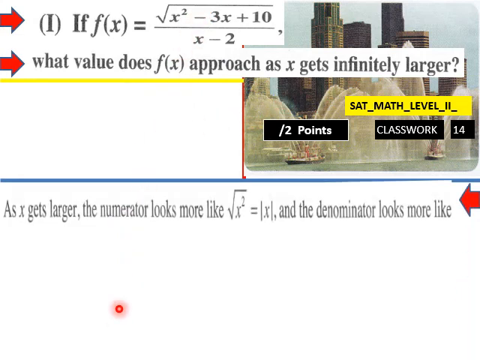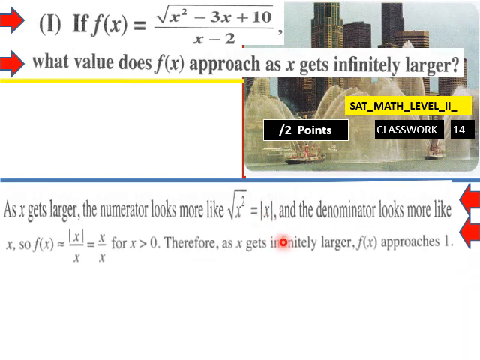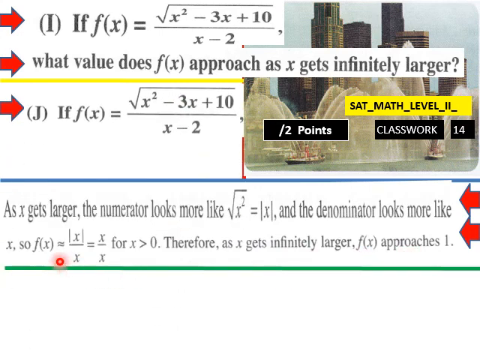As x gets larger, the numerator looks more like the square root of x squared, which equals the absolute value of x, and the denominator looks more like x, so f of x would equal absolute value of x over x, which would equal x over x for x greater than 0. Therefore, as x gets infinitely larger, f of x approaches 1.